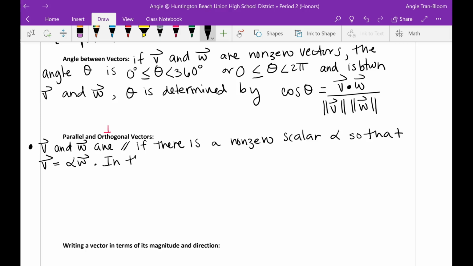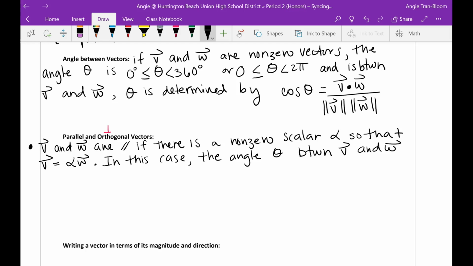In this case, the angle, let's use theta, between vector v and vector w is either 0 or pi, okay? Or you can say 0, 180 degrees, okay?